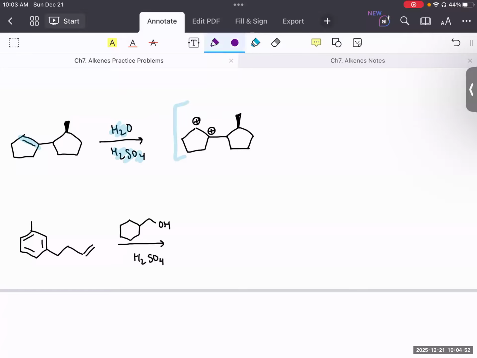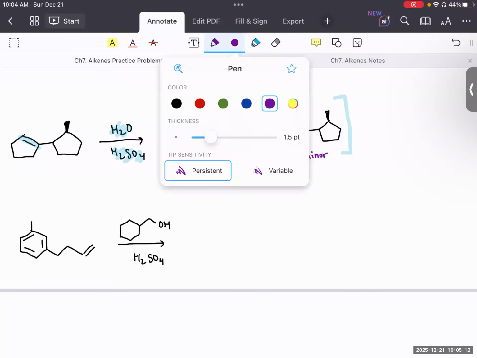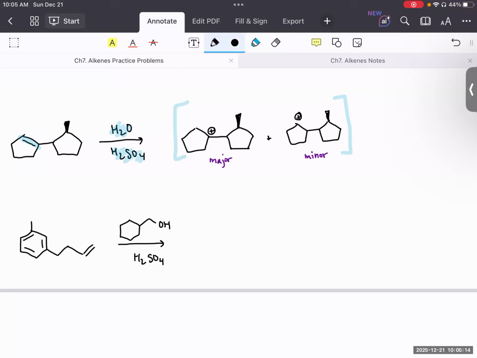And similar to before, some classes might ask you to draw in the minor product here where you have the secondary position right here. Potentially, again, not all classes, so just double check with your instructor what they want you to do. And then here, since we have a water, we're going to add in an OH to those two positions.